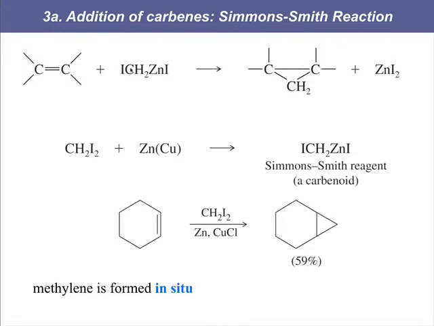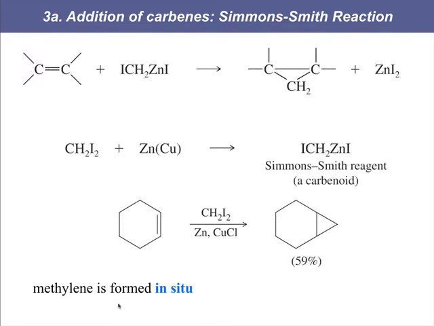This is ICH2ZnI. This is what we call a carbenoid. It is carbene-like. The way we make the Simmons-Smith reagent is we take diiodomethane, CH2I2, and a zinc-copper amalgam, and these two reactants react to make the Simmons-Smith reagent that essentially gives us a CH2 methylene.